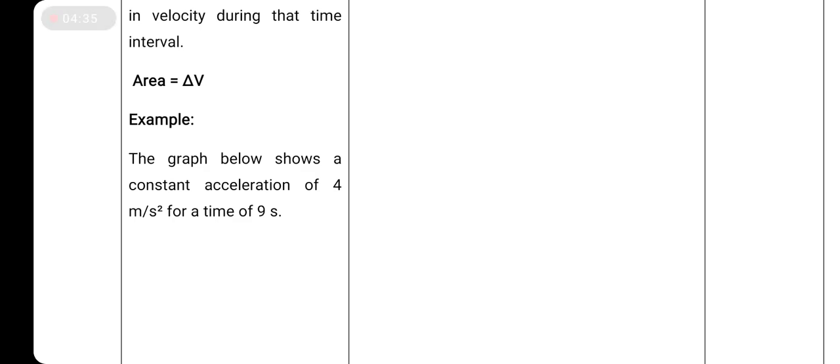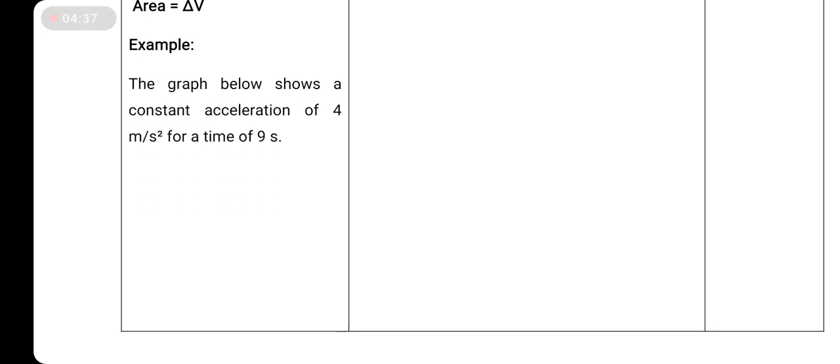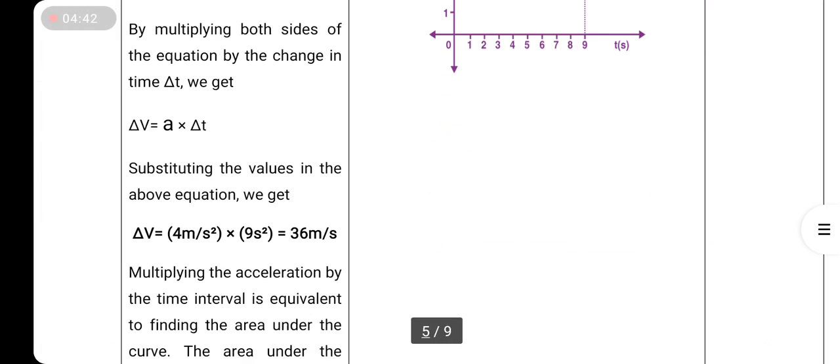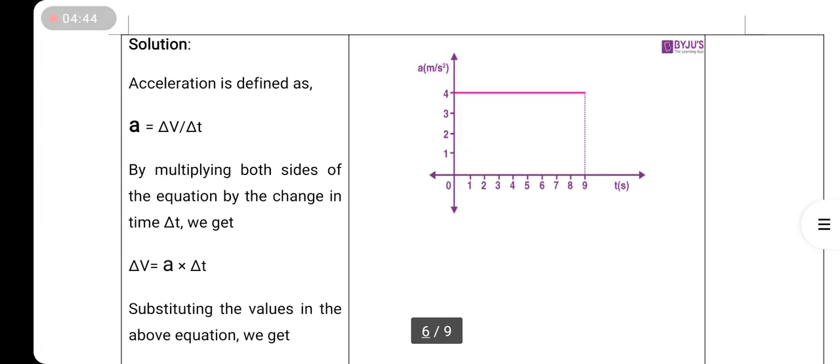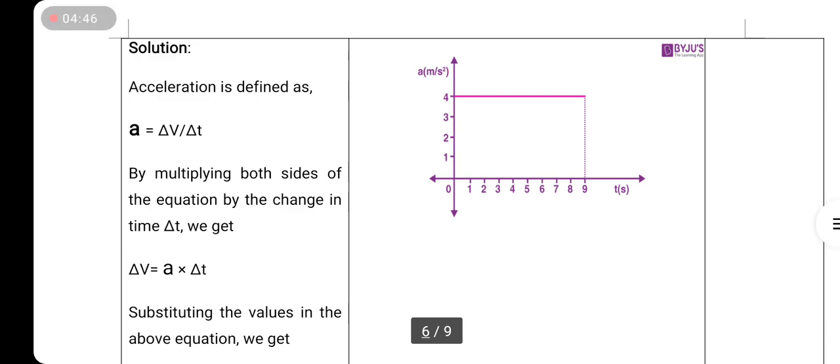Example: the graph below shows a constant acceleration of 4 meters per second squared for a time of 9 seconds. Solution.